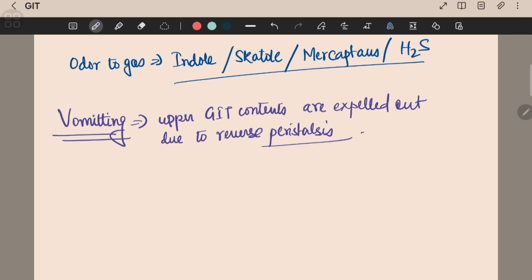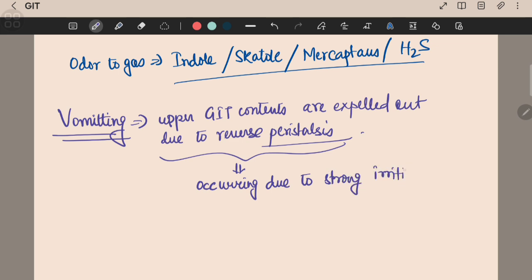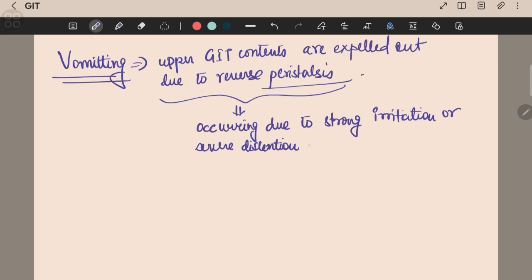This distension or irritation of the duodenum gives a strong stimulus. So this reverse peristalsis is occurring due to strong irritation or severe distension of the duodenum. So these will produce the reverse peristalsis.